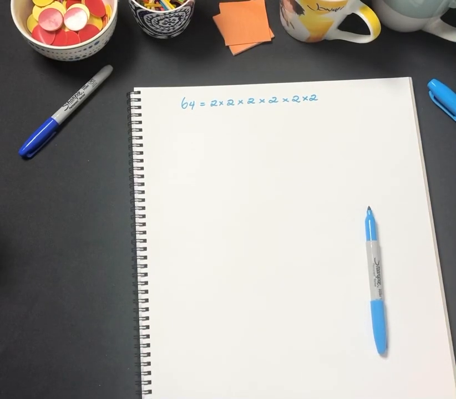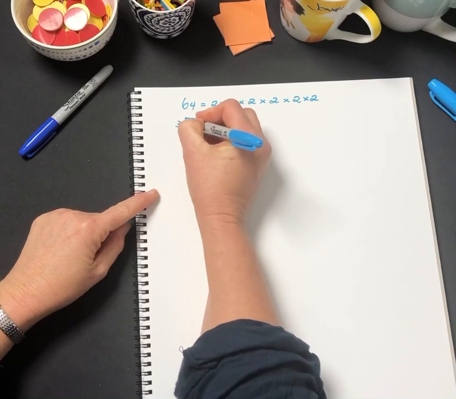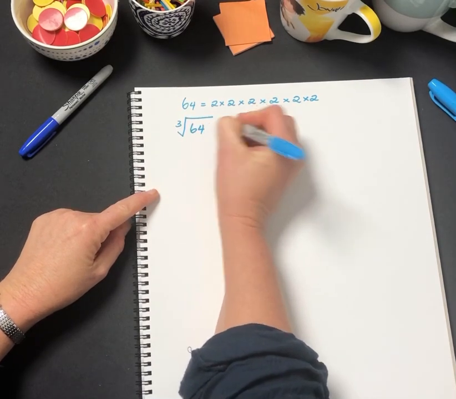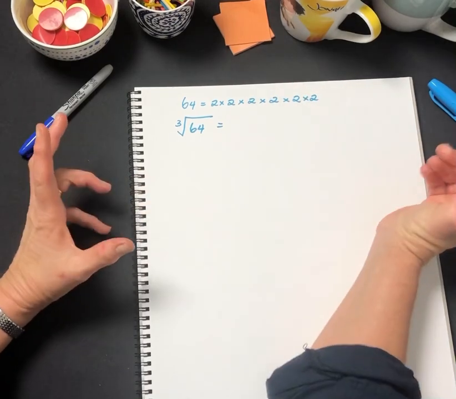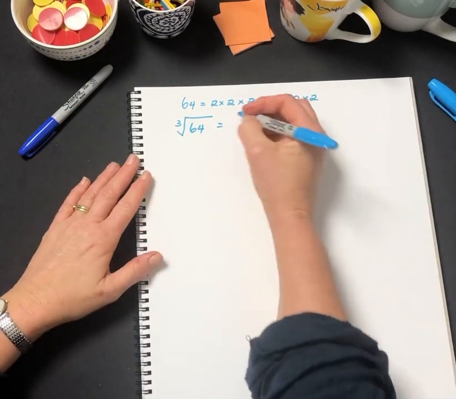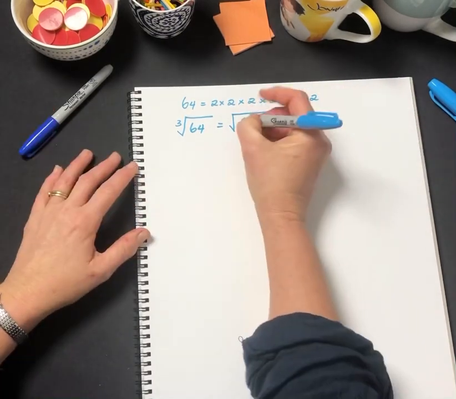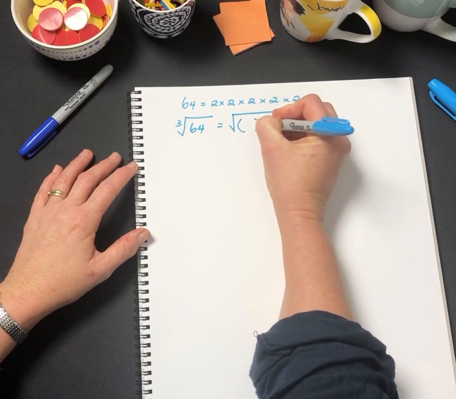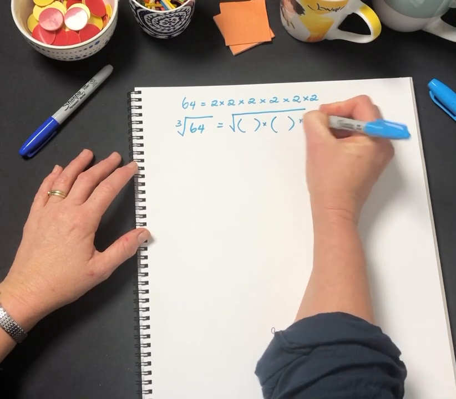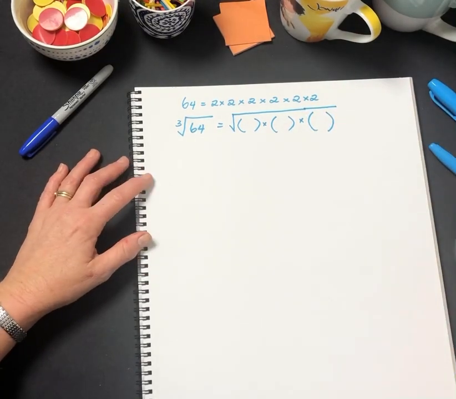Let's have a look at how we can use our products of primes to do other roots, such as maybe the cubed root in this instance of 64. So with the square root, we're looking for the 2 sides that were the same. With the cubed root, we'd be looking for the 3 sides. If we're thinking cube, the 3 dimensions. So we need to break up our product of primes into 3 equal groups.